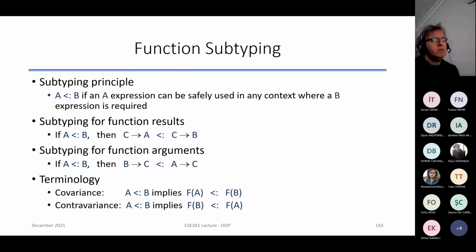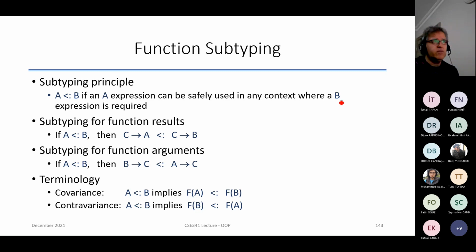And the subtyping principle was such that if A is a subtype of B, then an A expression can be safely used in any context where a B expression is required. So if you have B in an expression, you can actually replace it with an A, and this is the subtyping principle.